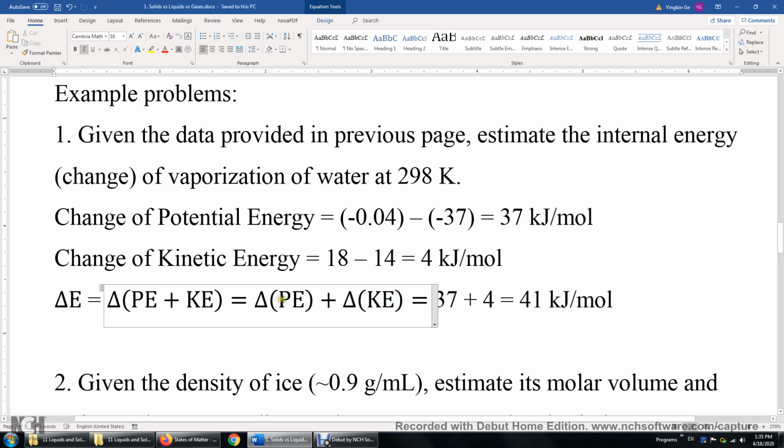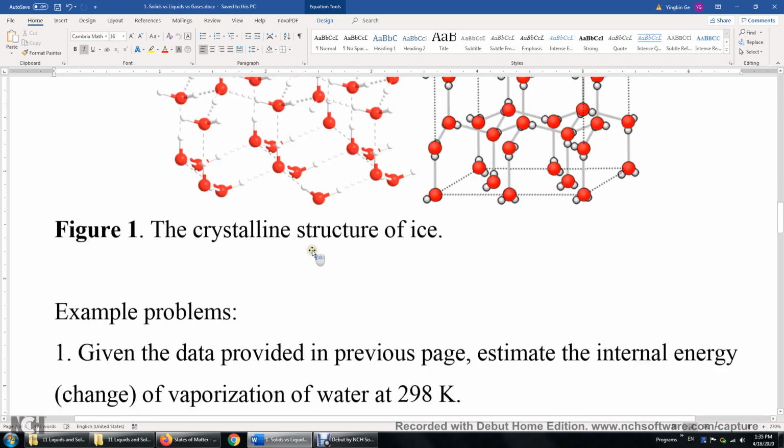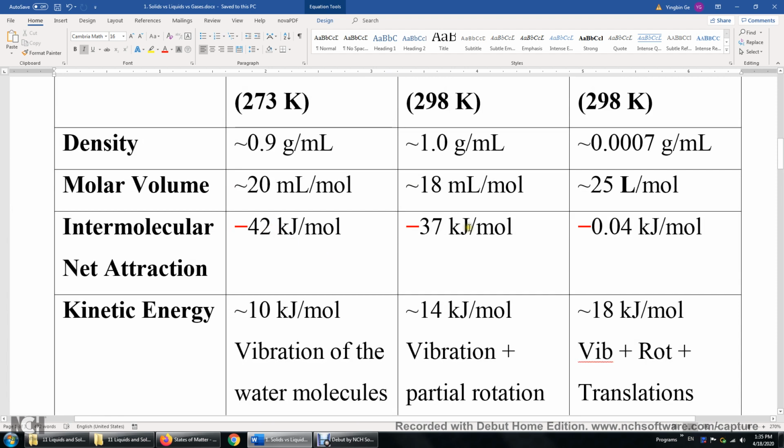What's the change of potential energy? On the previous page, you can see it changes from negative 37 to roughly 0 here. We use the final state, 0, minus the initial state, negative 37. The change is positive 37.